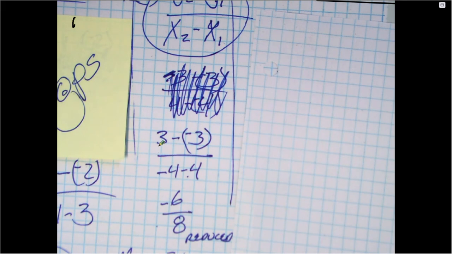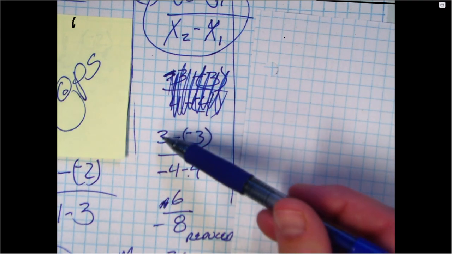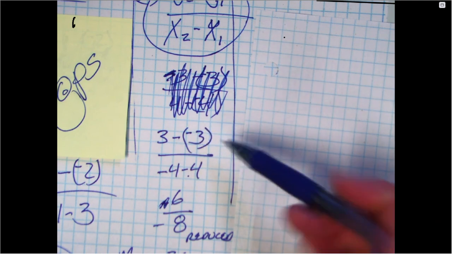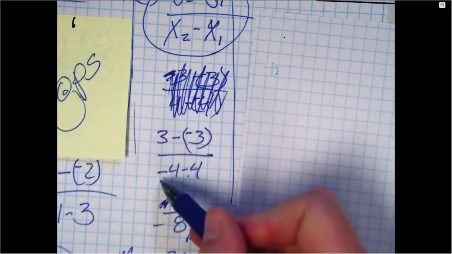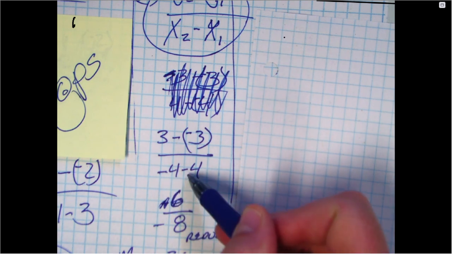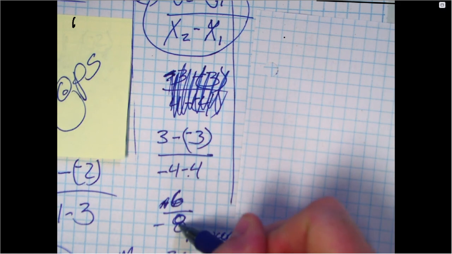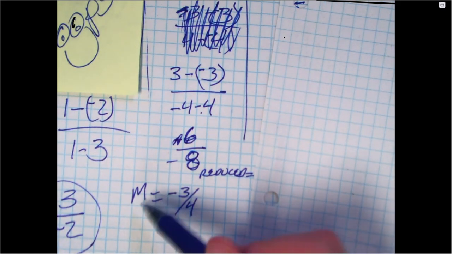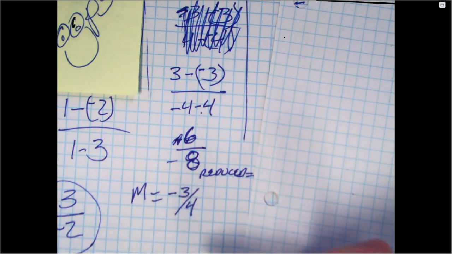Now, let me check something again, make sure I'm leading you right. Okay, yes, I was correct. 3 minus negative 3 is 6. Negative 4 minus 4 is negative 8. We reduce that. So slope equals negative 3 over 4.